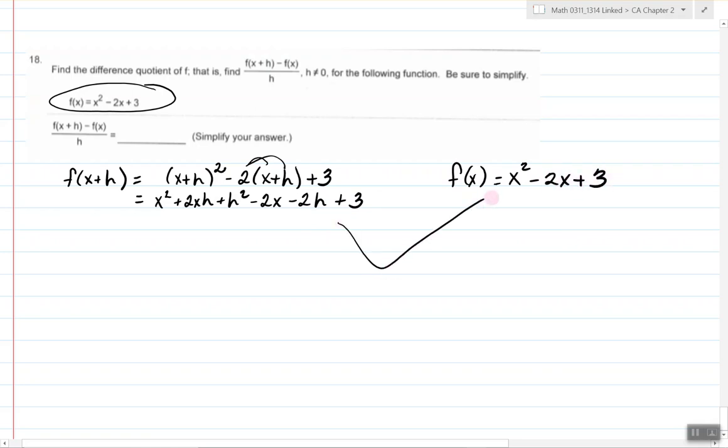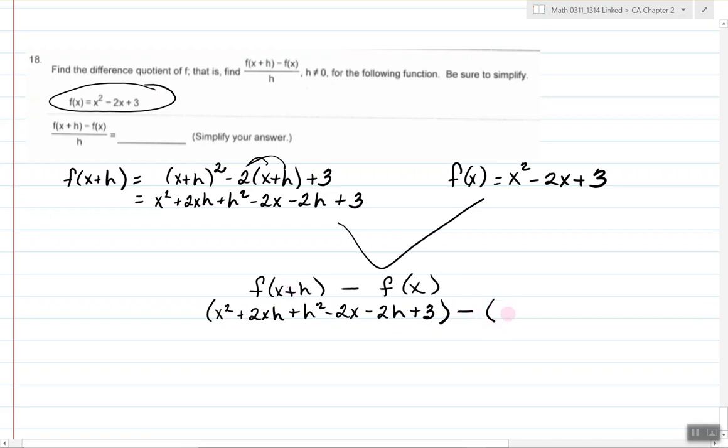If I'm going to now find the difference, I'm finding f of x plus h minus f of x. So it is x squared plus 2xh plus h squared minus 2x minus 2h plus 3, and that's all just f of x plus h, minus parentheses x squared minus 2x plus 3, and that's f of x.